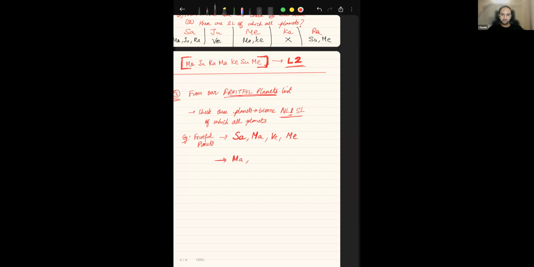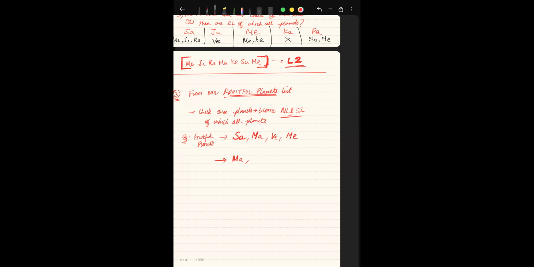Next, we go to Moon and Rahu. Are they in my fruitful planet list? No. Sun, Saturn? Only Saturn is there. I'm telling, both Nakshatra Lord and Sub Lord should be in the list of my fruitful planets. Okay. Mars, Jupiter, not there. Again here I have Venus and Mars.